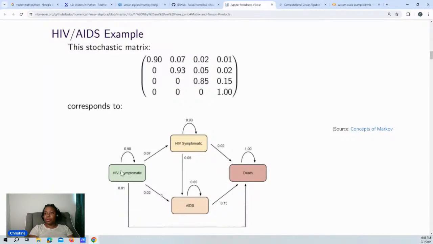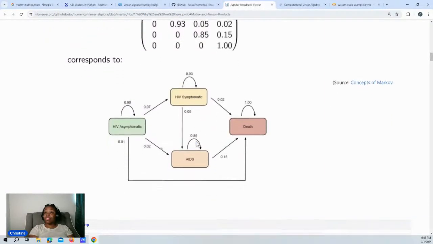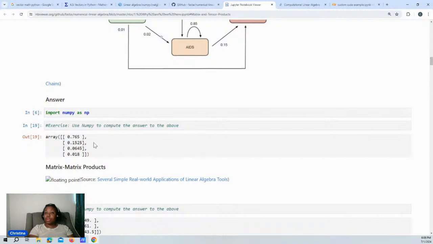If we're talking about asymptomatic, 90% are asymptomatic, 0.1% of those die, 0.2 go into full-blown AIDS, and of that, 15% die. But if you're symptomatic, 0.5 go into AIDS, 0.2 die, and 90 stay in that symptomatic state. Maybe that's because they can get treated. I don't know. So what are we looking at?